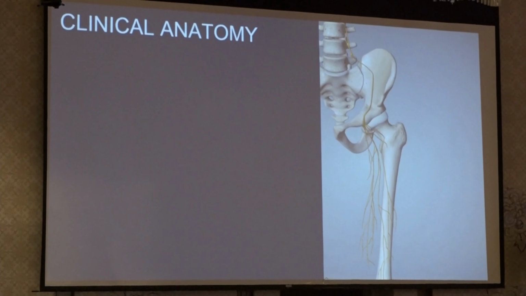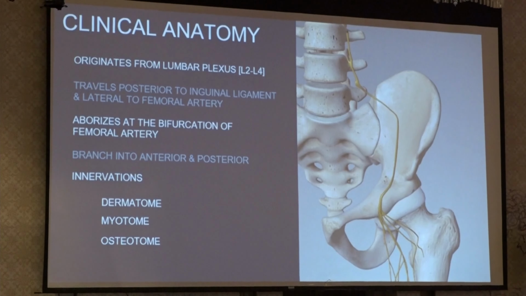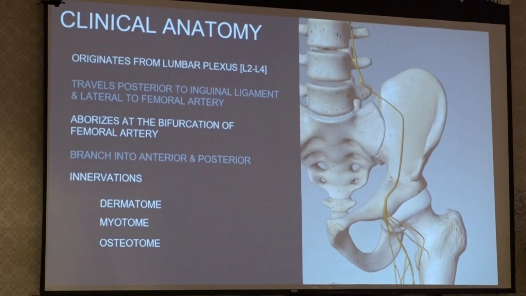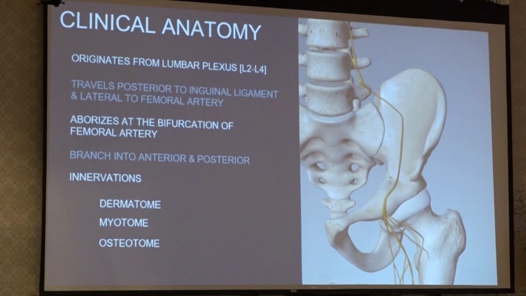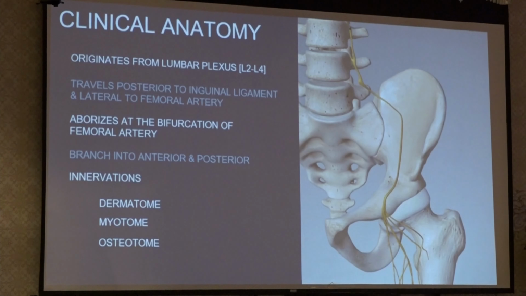For the clinical anatomy, as we know, the femoral nerve originates from the lumbar plexus of L2 to L4. It goes in between the psoas muscle into the pelvic region, and then comes out more superficially as it travels posterior to the inguinal ligament and lateral to the femoral artery.